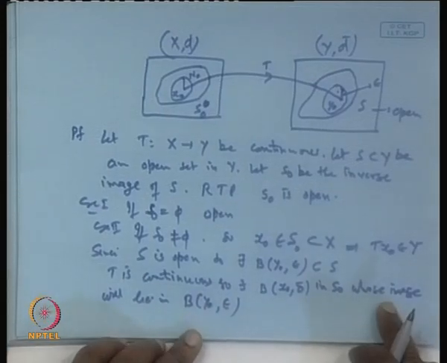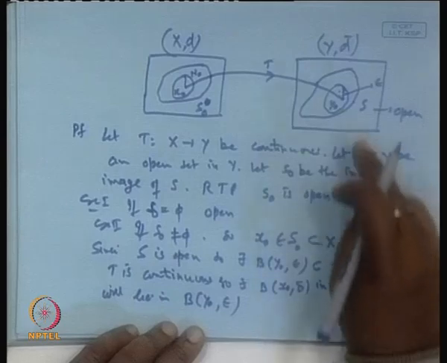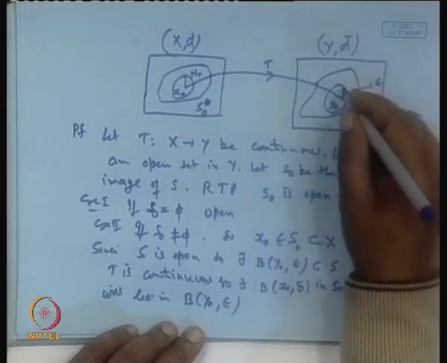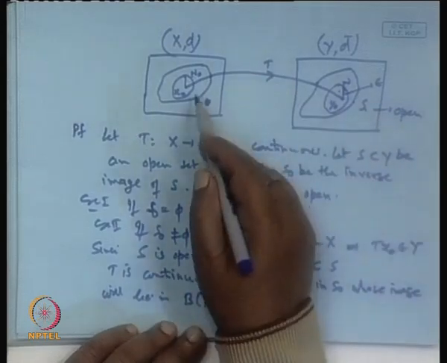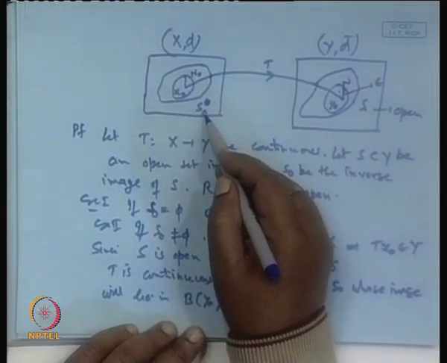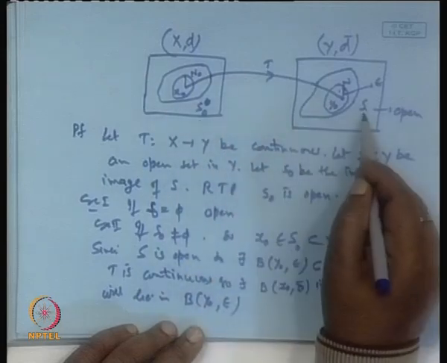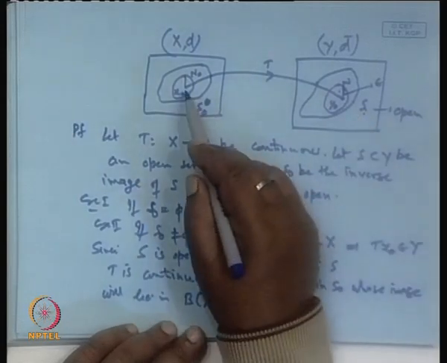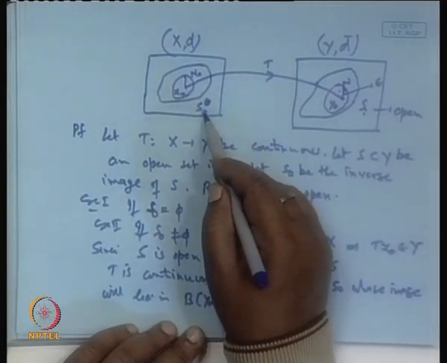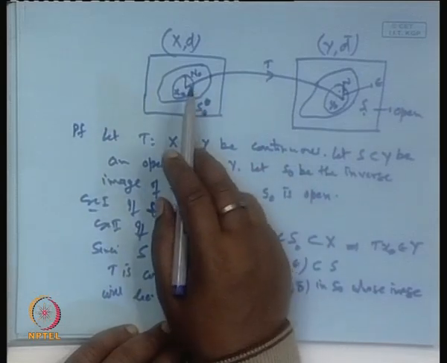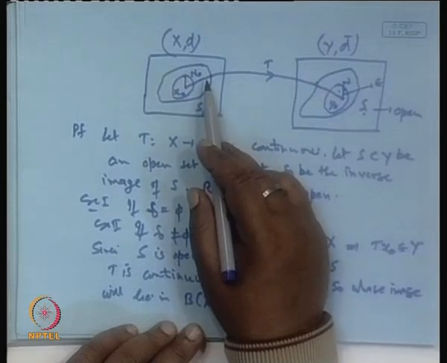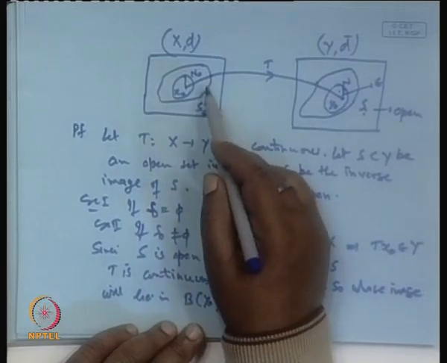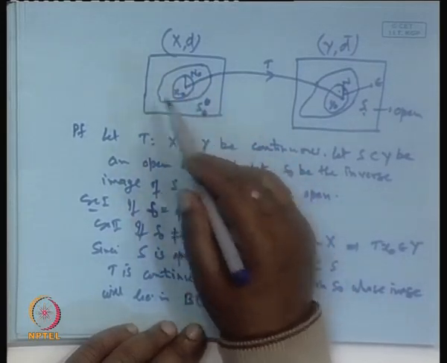Now, this neighborhood n is contained in S, n naught is the image of S naught, S is the inverse image, and there is a neighborhood n naught which is contained in S naught. So, we can say that this n naught is contained in S naught, because S naught is an open set, is it not.